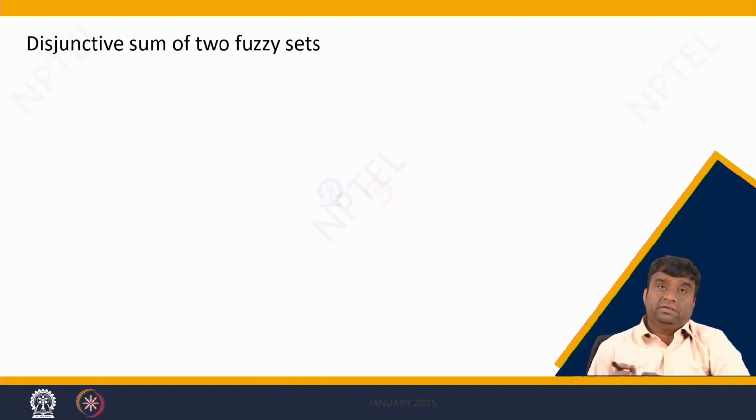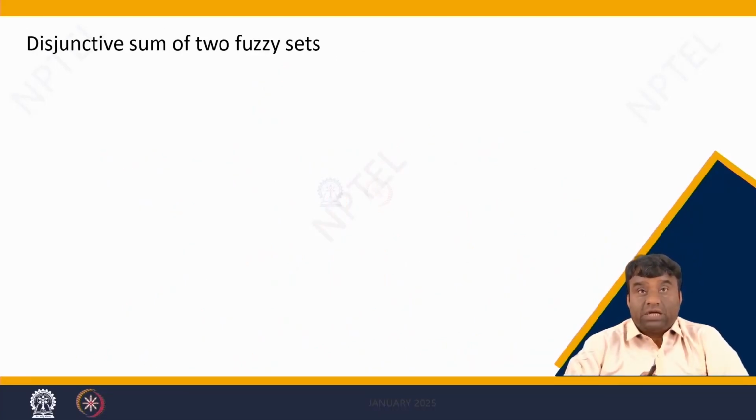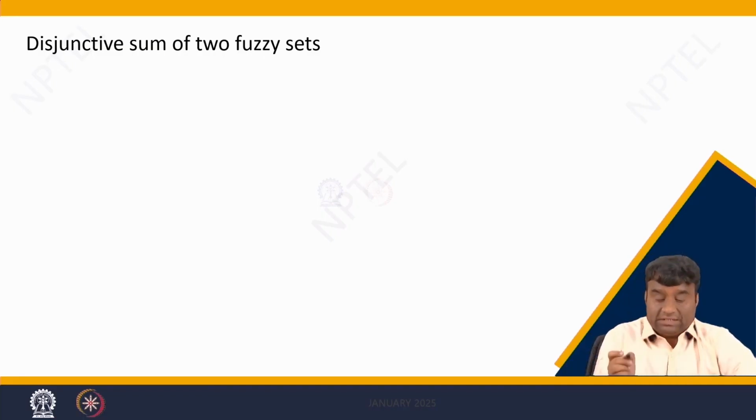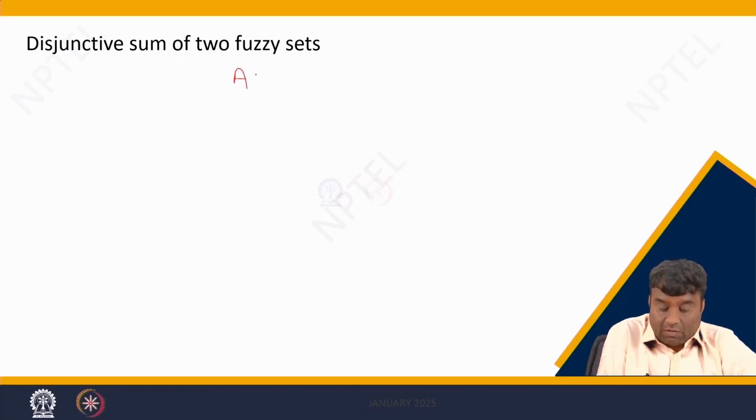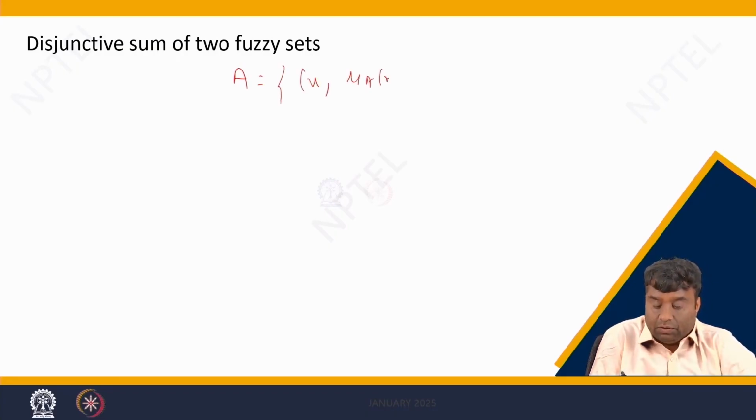Next is the disjunctive sum of two fuzzy sets. Two fuzzy sets are defined as A equal to the fuzzy set of x, mu A of x, x belongs to X, and B, x, mu B of x.